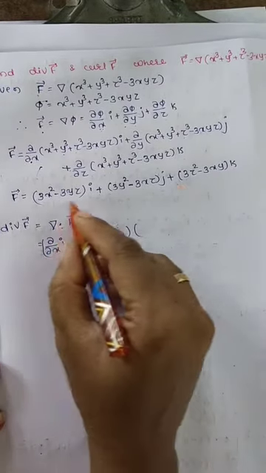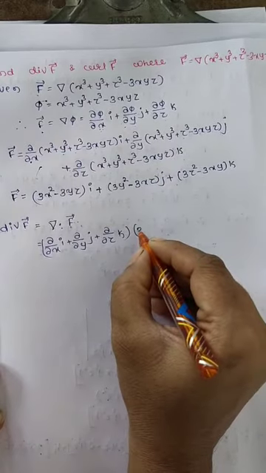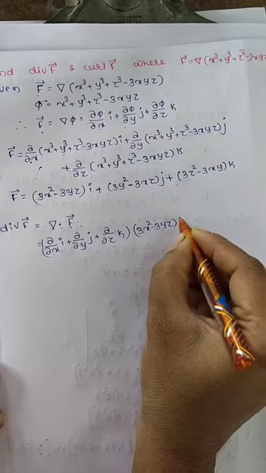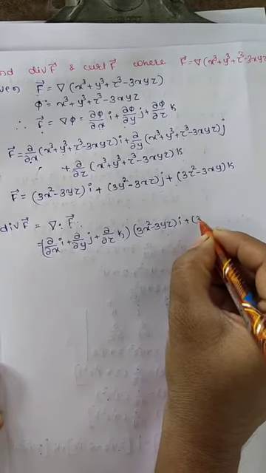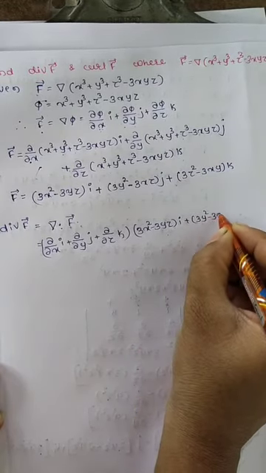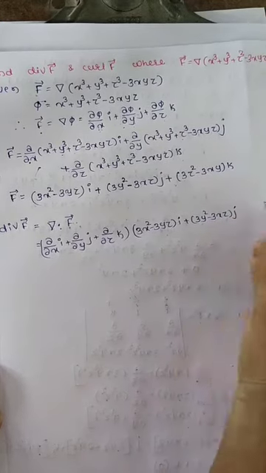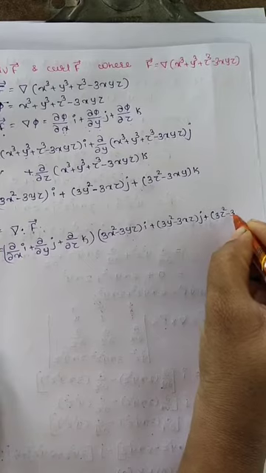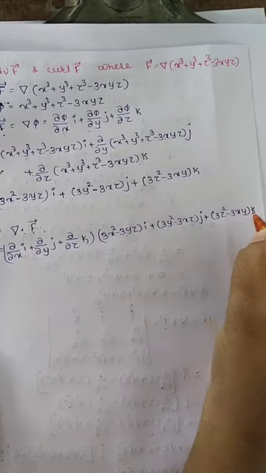With this f we have to apply the dot product: (3x² minus 3yz) i plus (3y² minus 3xz) j plus (3z² minus 3xy) k.